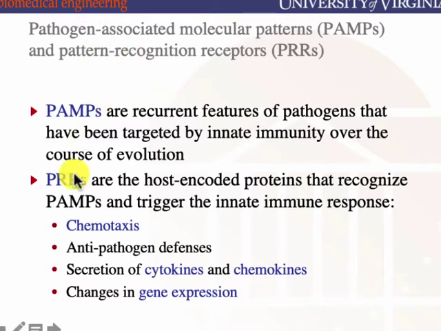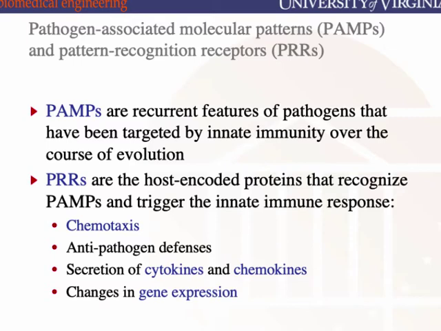So when we think about PRRs, it comes from the name pattern recognition receptors. This is a historical designation because, as you can imagine, the first of these that were discovered were all these cell surface receptors that were binding soluble pathogenic patterns. So they were given this term of receptor.